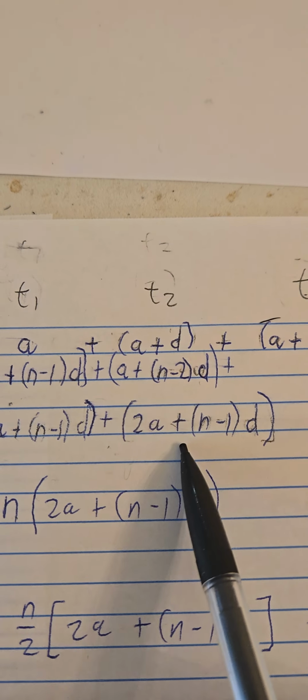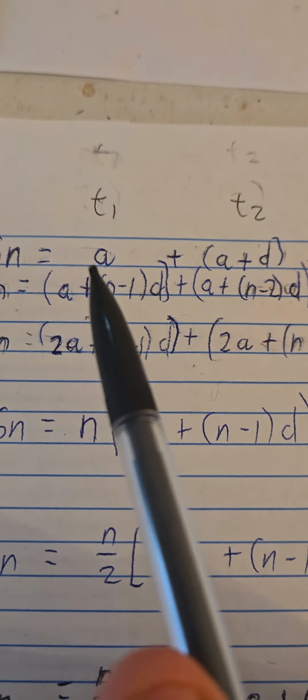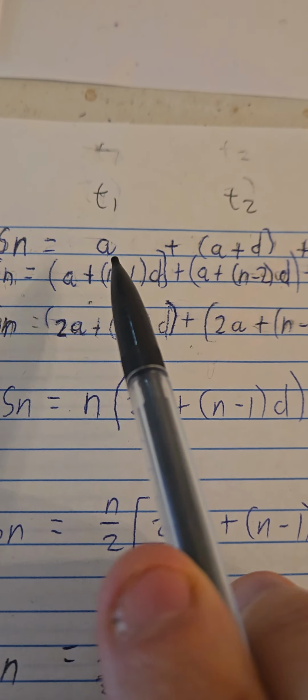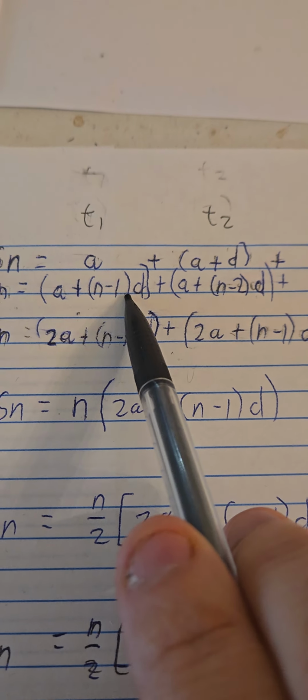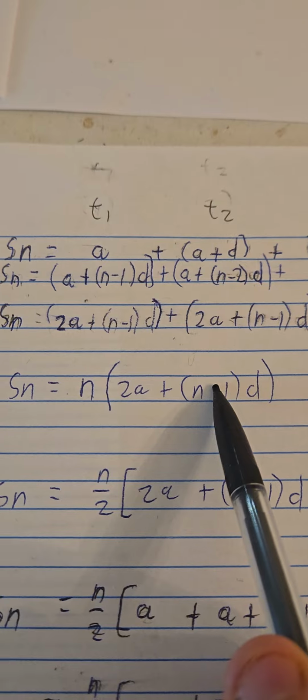Do you notice we get the same answer? And let's go to the last one. We add the terms. a plus a is 2a, n minus 1 lots of d. It stays the same. We get the same answer each time. And that's not surprising. If I go across, one term goes up by a certain amount, the other one goes down by the certain amount, we add them, we'll get the same.